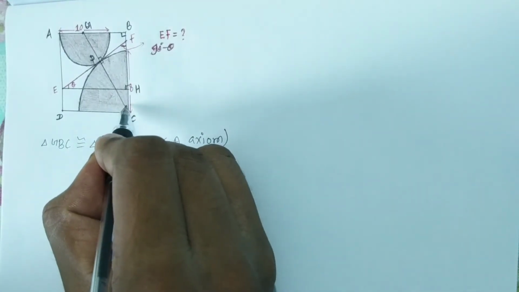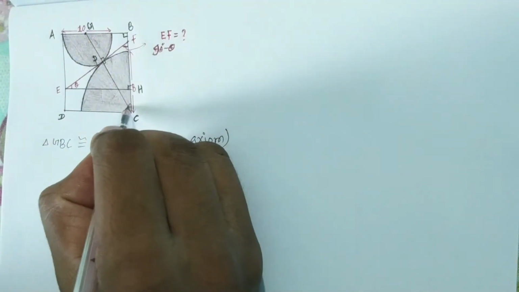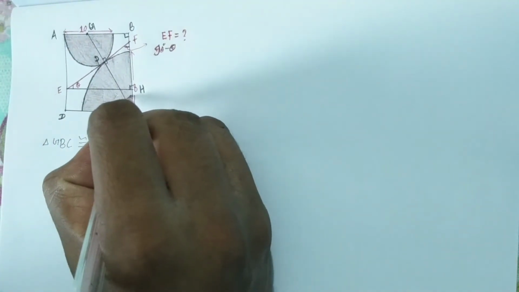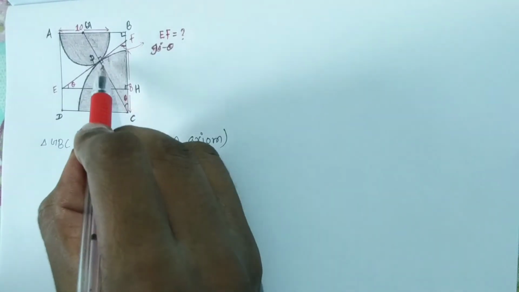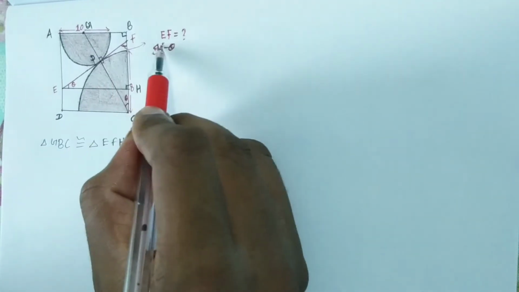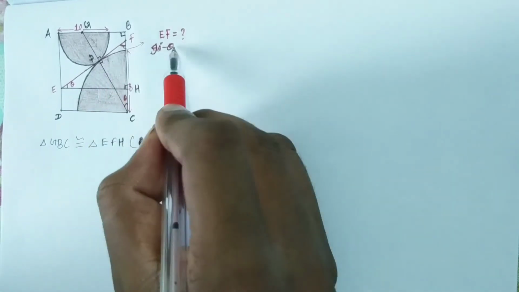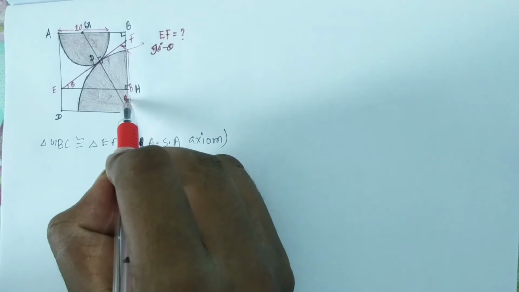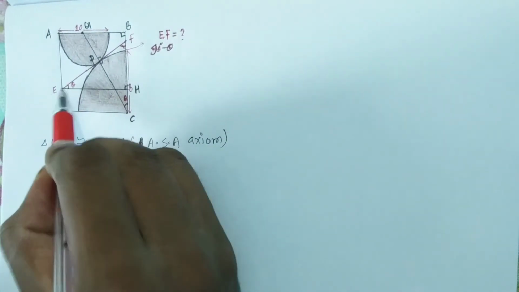So the remaining angle will be theta, because this angle is 90 degrees and this angle is 90 degrees minus theta. This angle is also theta, as we let before.